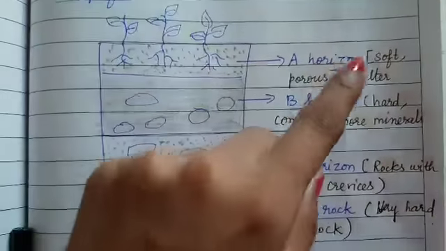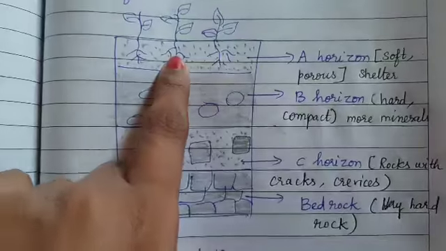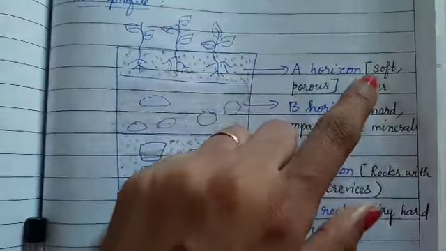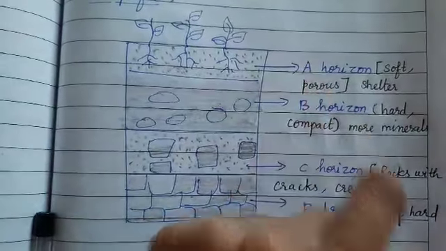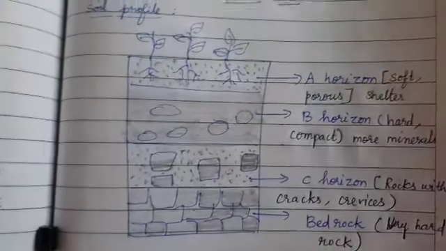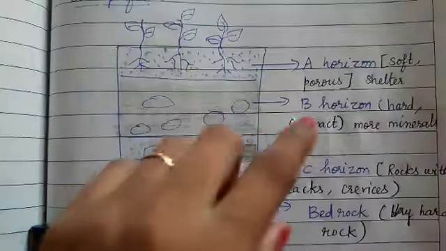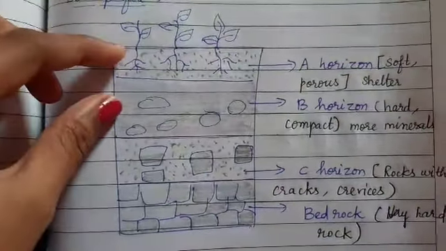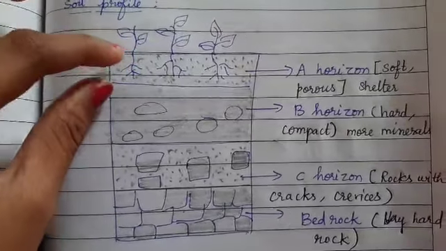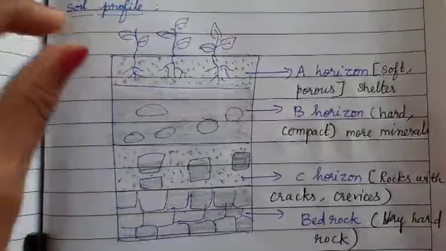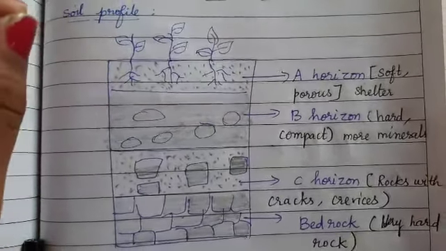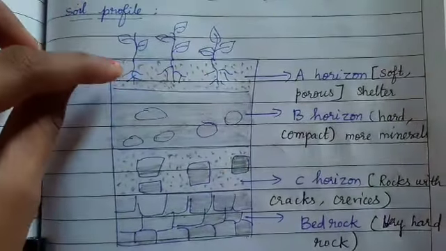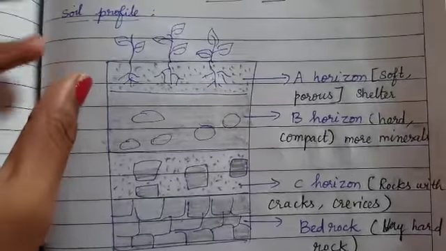A horizon is the first layer or the topmost layer where you will have the soil as soft and porous. Porous means it will allow the water to pass through them. So the top layer of the soil will be very soft and it is porous in nature, and it will have the roots of small plants and humus also.